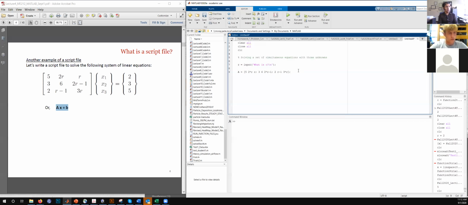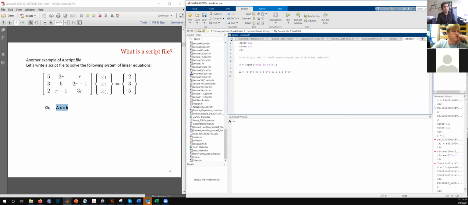The next thing, what should be the next thing to do? Anyone? So MATLAB now knows what this matrix is. Can we next put in the B matrix? The B matrix, right? So we are still trying to solve for x1, x2, x3.